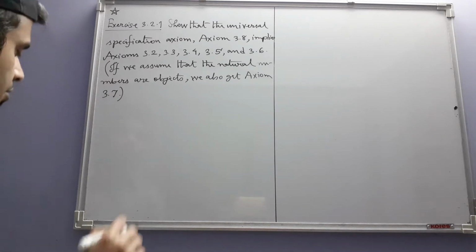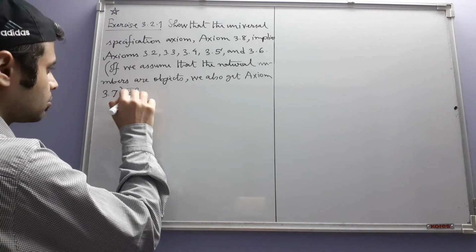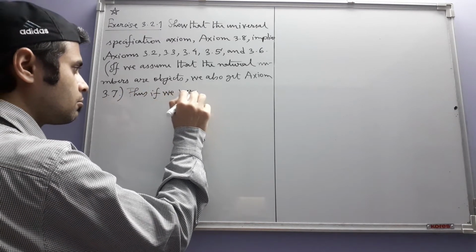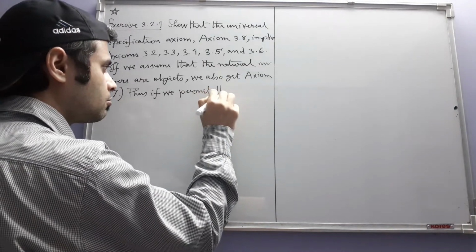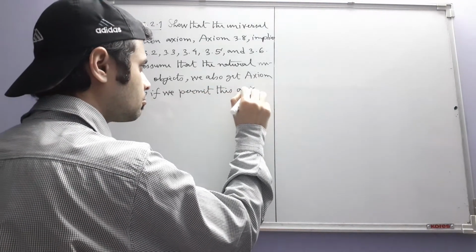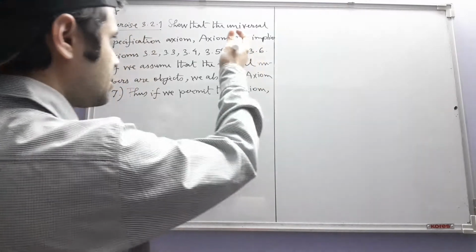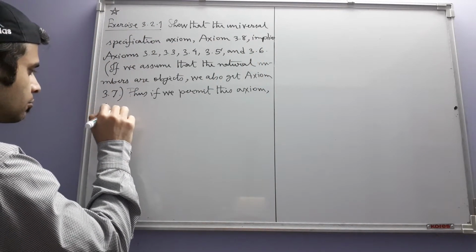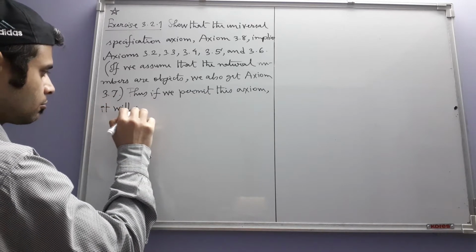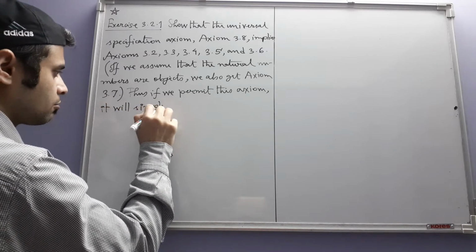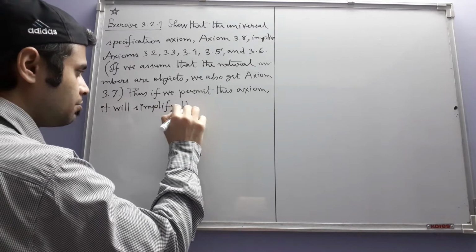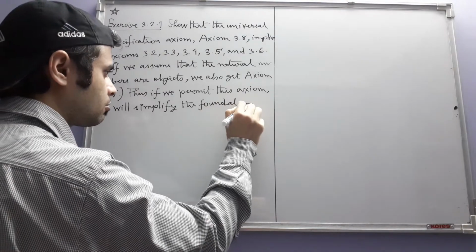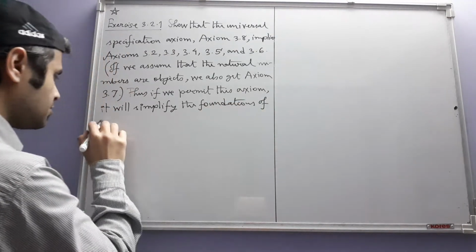So that means, thus if we permit this axiom, axiom 3.8, it will simplify the foundations of set theory.